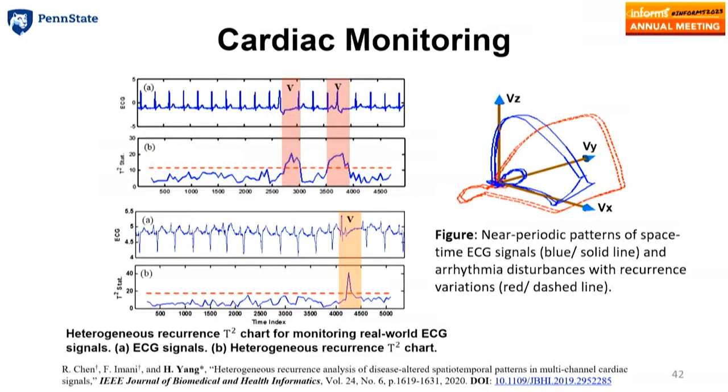If we look at the trajectory, a disease actually varies the trajectory in the space, because you can think if there's damage in the heart, it actually pushes the electric wave to a different direction. So the trajectory actually changes. So if we use the heterogeneous recurrence rate, then we will be able to detect the cardiac event very quickly. Those are the examples of heterogeneous recurrence monitoring.